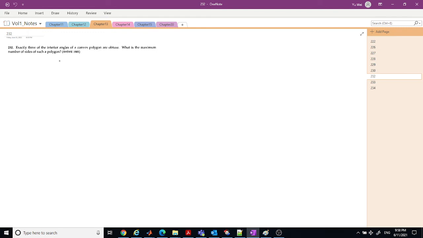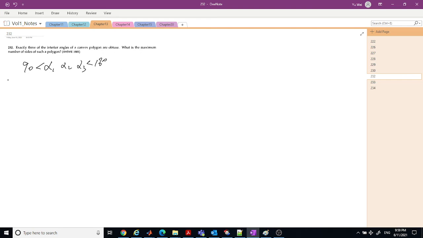The problem 232. We have exactly 3 of the interior angles obtuse. So we know alpha 1, alpha 2, alpha 3 are obtuse, greater than 90 and less than 180.